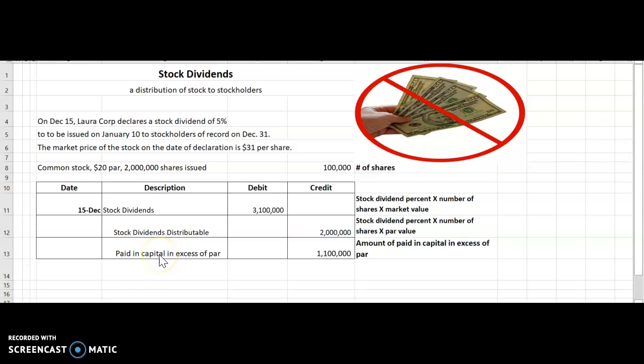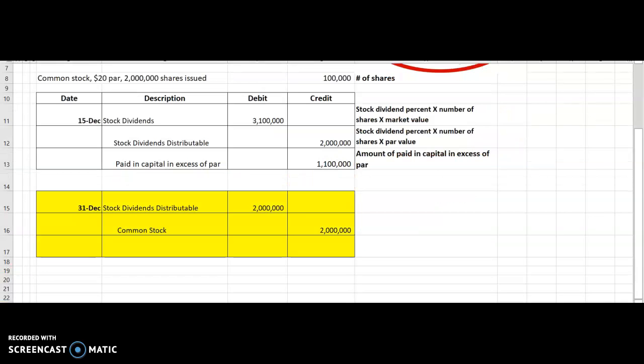We took the stockholders that are already holding stock and we issued them additional stock. Now, when we issue this stock, we will not have 2 million shares issued, but we will actually have 2,100,000 shares issued.